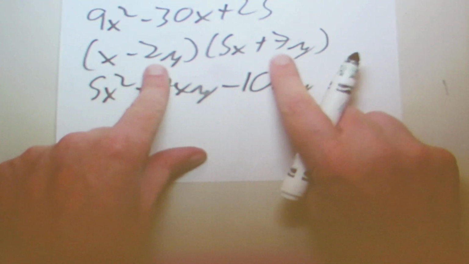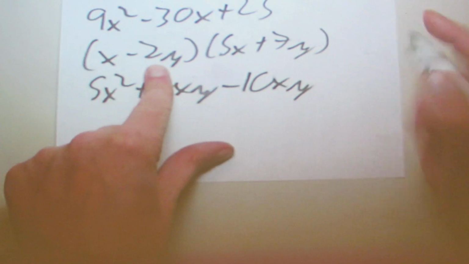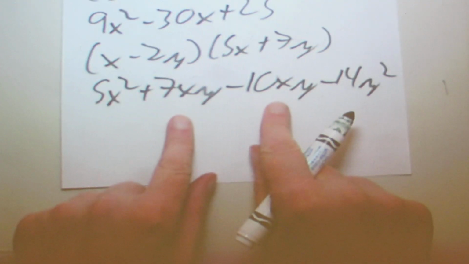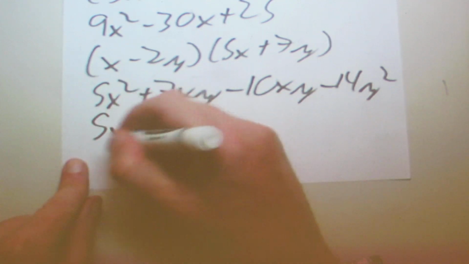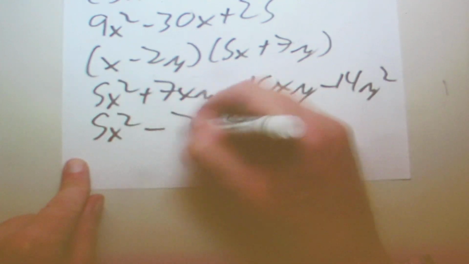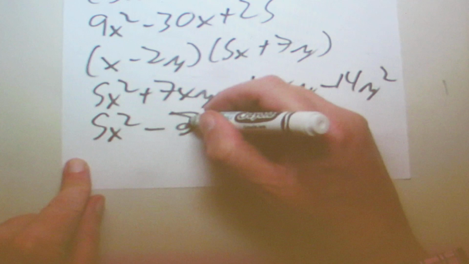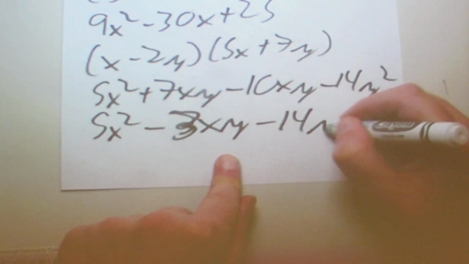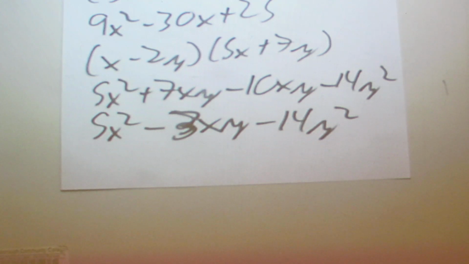Last, negative 2y times 7y is minus 14y squared. Now we can combine our like terms. So 5x squared minus 3xy minus 14y squared.